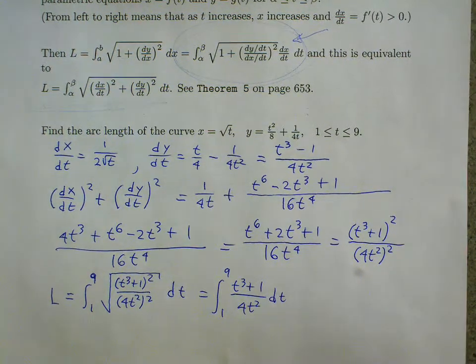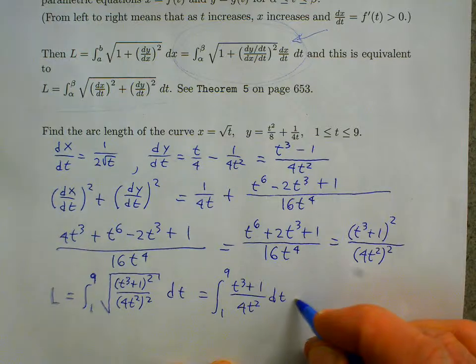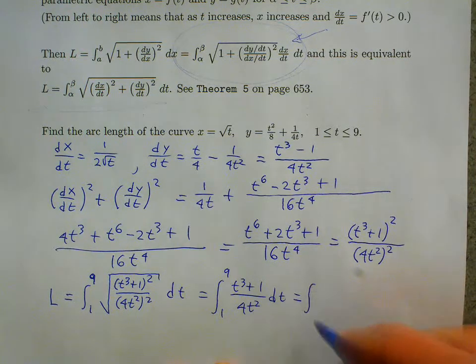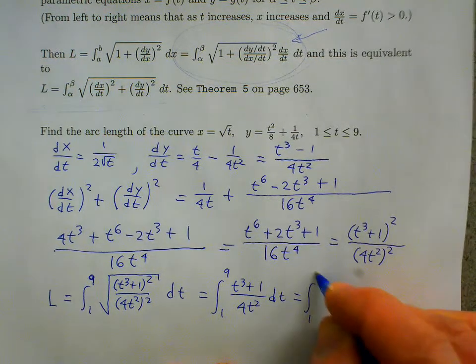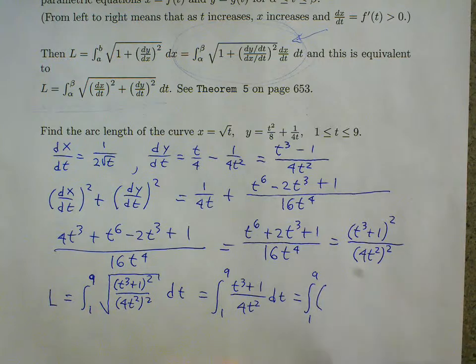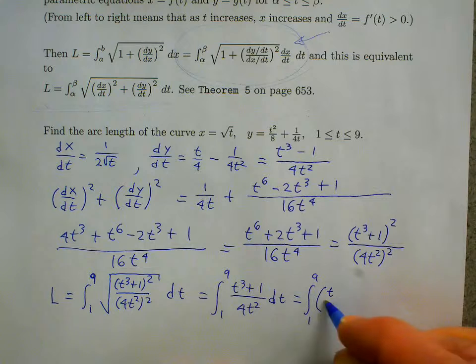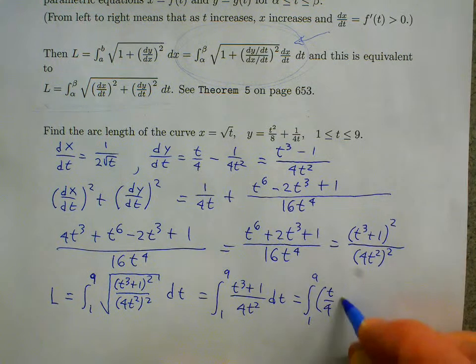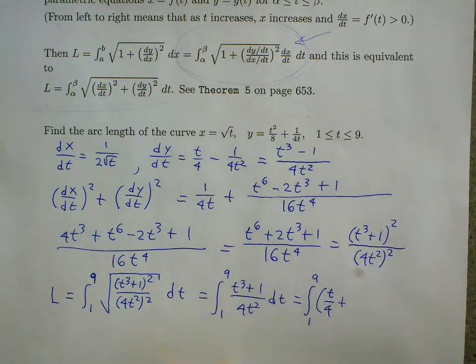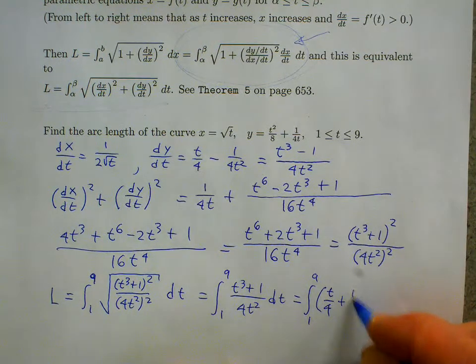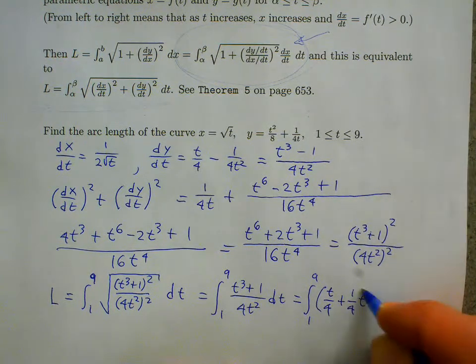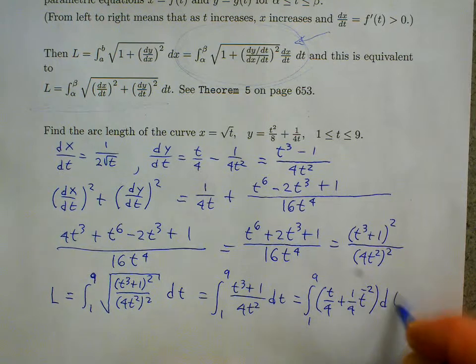Since there's just one term in the denominator, we can write the integrand in separate terms. So t cubed over 4t squared is just t over 4. And then plus 1 over 4t squared, we can write that as 1/4 times t to the negative 2 if you like.